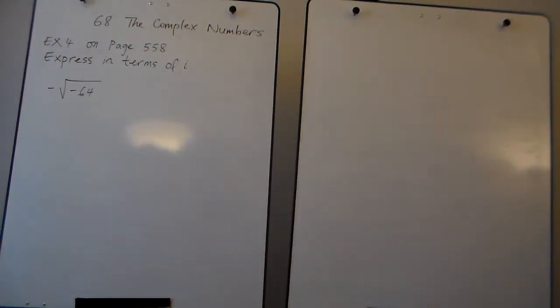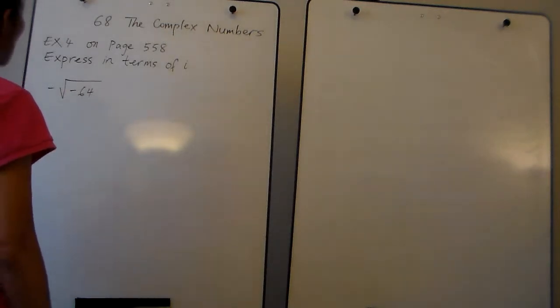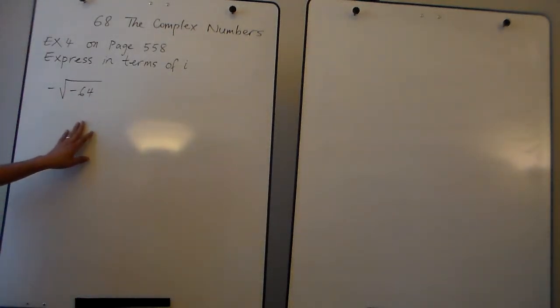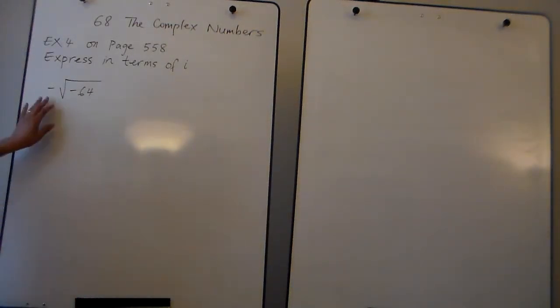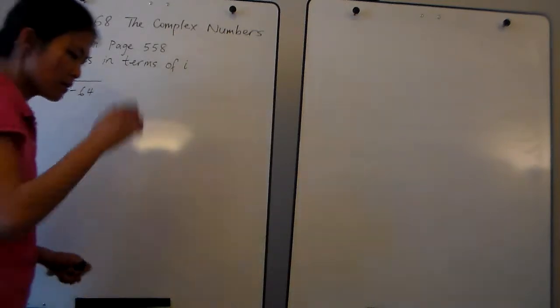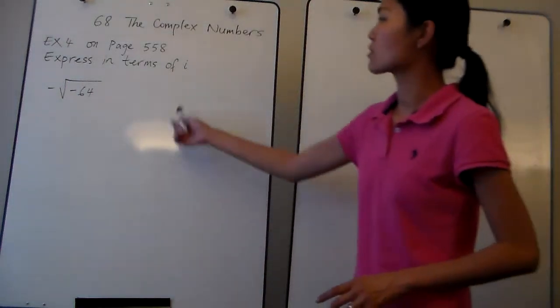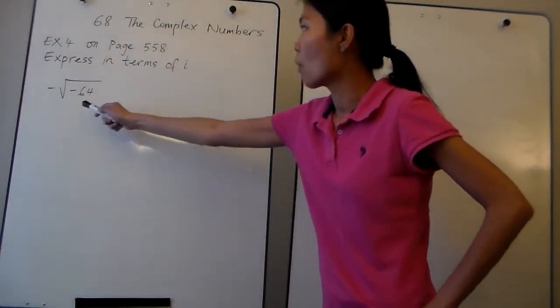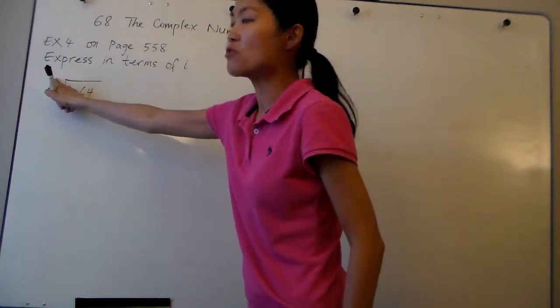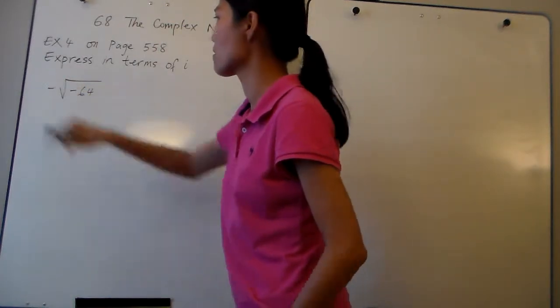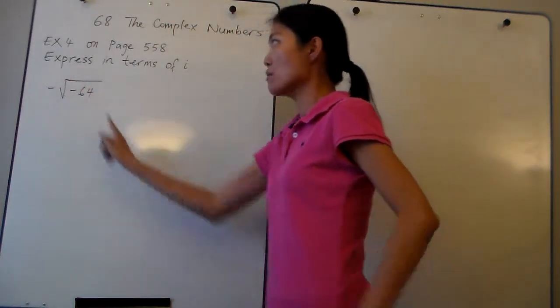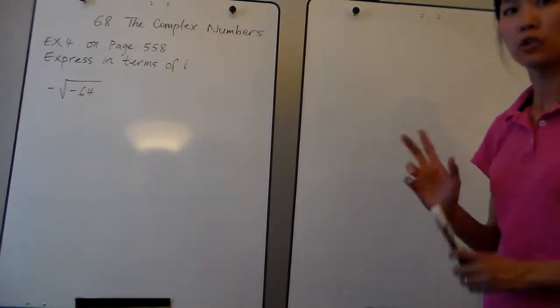Example 4 on page 558, expressed in terms of i. So we're given negative square root of negative 64. This example is different from the previous example that we had, where when you have an even root, where k is even, in this case, square root, k is 2, so 2 is even, right?